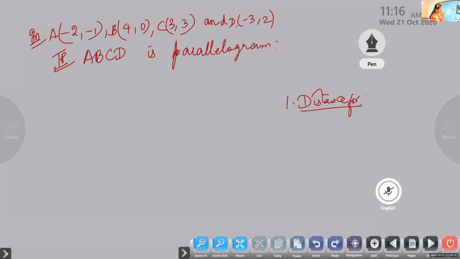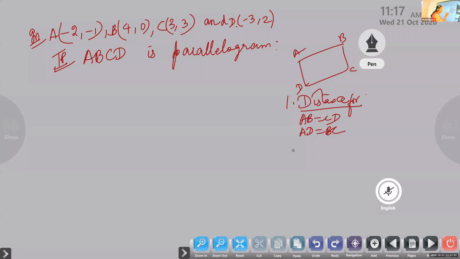Here the question says without using it, but let's discuss it. AB is equal to CD, opposite sides are equal, isn't it? AB is equal to CD and AD is equal to BC. If opposite sides are equal, this is a parallelogram ABCD. This is one way.